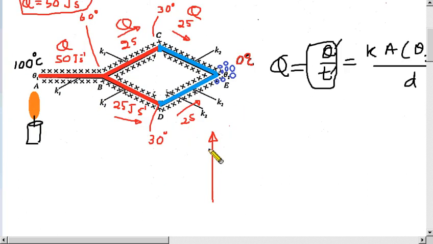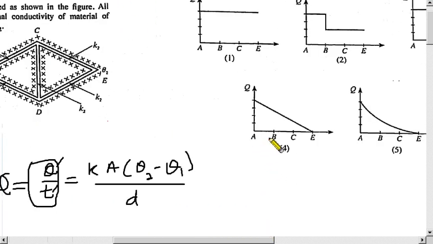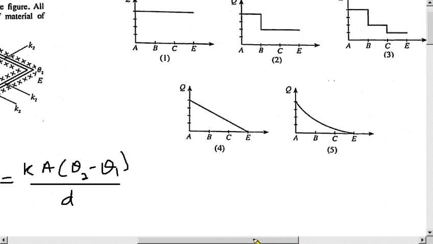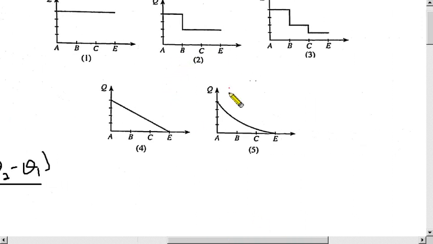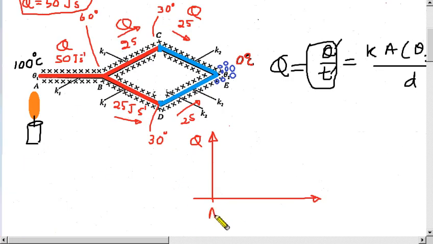So let us take Q to the y-axis, that means the rate, and to the x-axis what they have taken is the rods A, B, C, E. In all the graphs A, B, C, E. So therefore let us write A, B, C, E. This is the path they have taken to plot the graph.